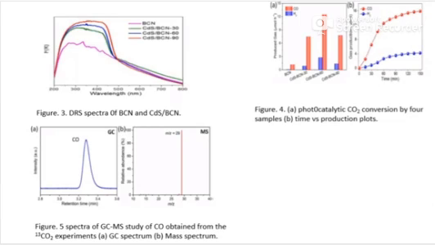We confirmed it by using the C13 labeled isotope as a CO2. So the graphs of the GCMS clearly show the presence of C13 carbon monoxide labeled product instead of the C12 normal CO.